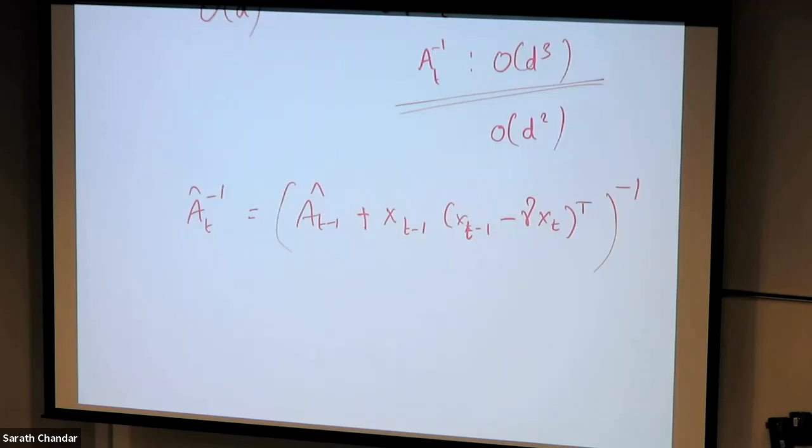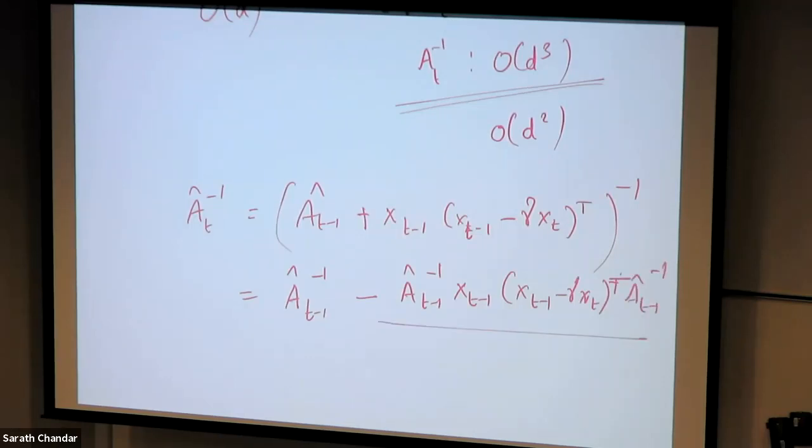You'll be applying recursion here, and you will get a final solution which is something like this: A_{t-1} inverse minus A_{t-1} inverse x_{t-1}(x_{t-1} - gamma x_t)^T A_{t-1} inverse, divided by 1 plus (x_{t-1} - gamma x_t)^T A_{t-1} inverse x_{t-1}.